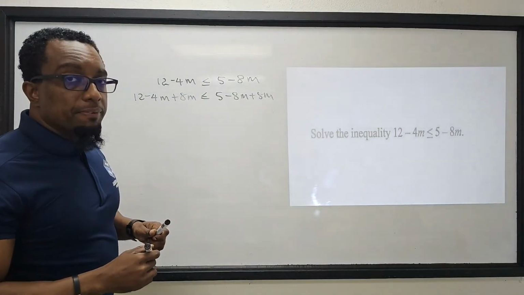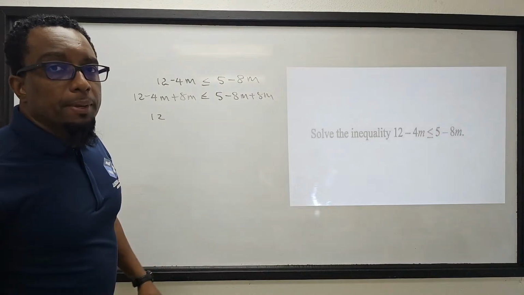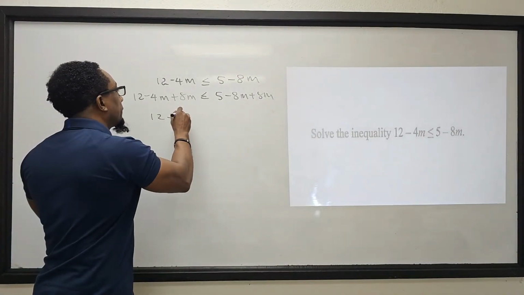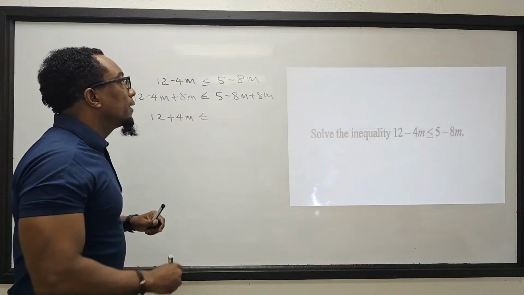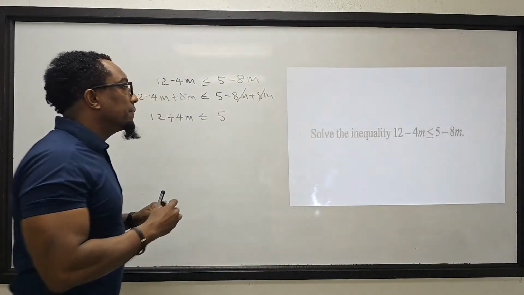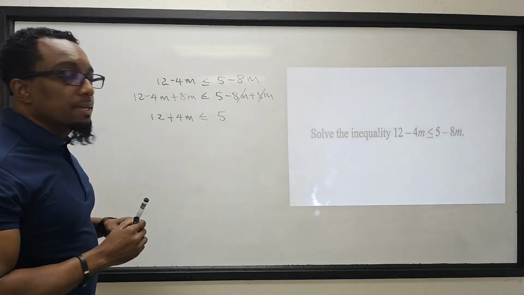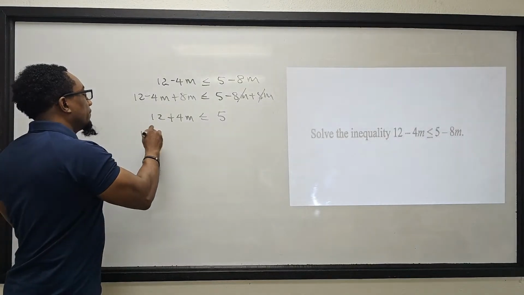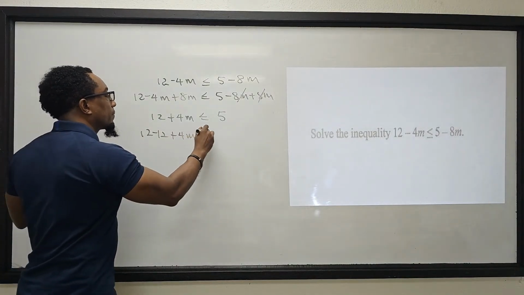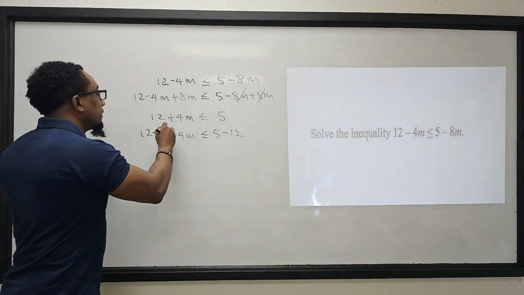Of course, let me simplify both sides. This will be 12. Negative 4m plus 8m is plus 4m, is less than or equal to negative 8m plus 8m is 0. I'm left with 5. And now let me place 12 on the right by subtracting 12 from both sides. So my two 12s divide into each other.